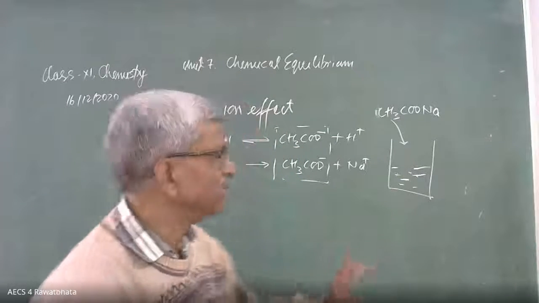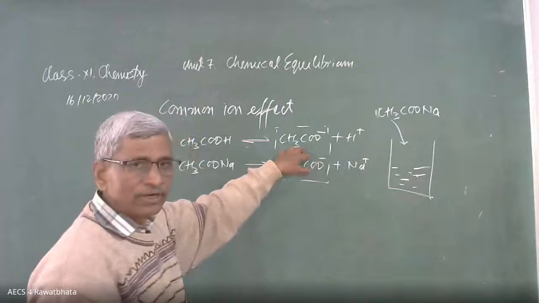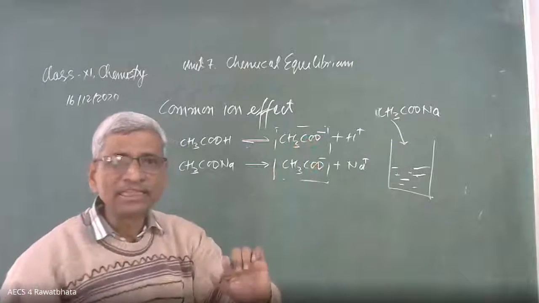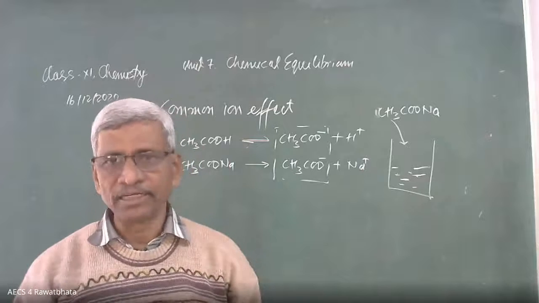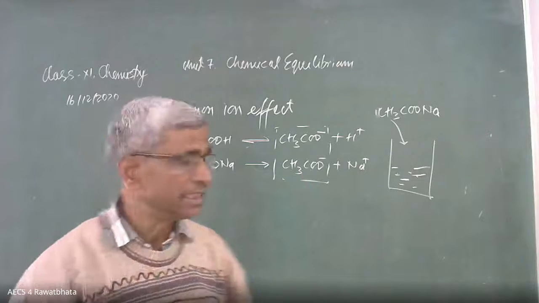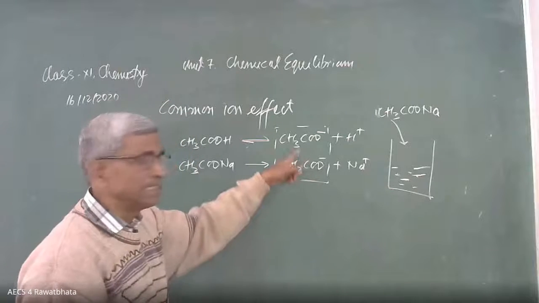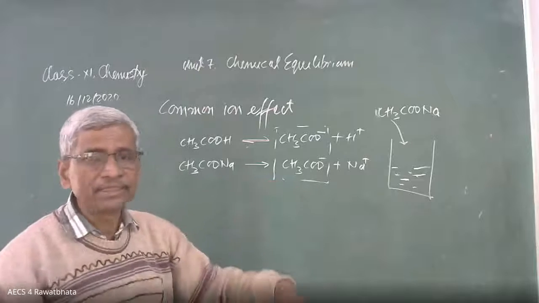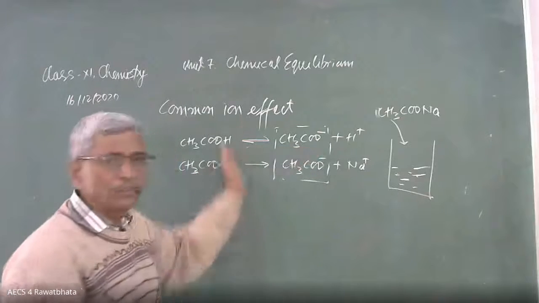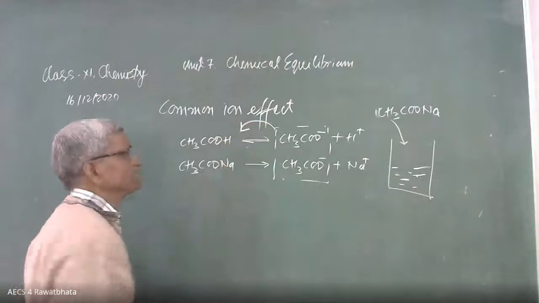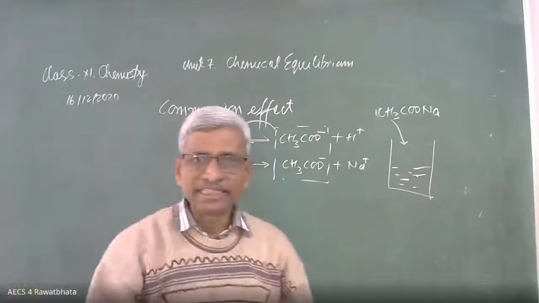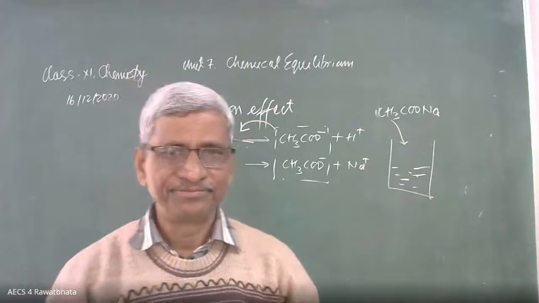When we increase the concentration of the product, equilibrium shifts in that direction which opposes this change. That is Le Chatelier's principle. The increase in concentration of the acetate ion can be minimized when this equilibrium shifts in the opposite direction, that is backward direction. This is the common ion effect.